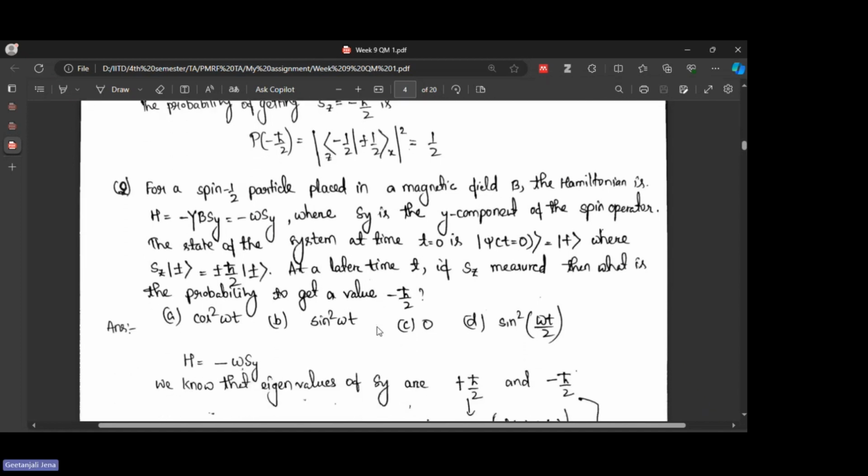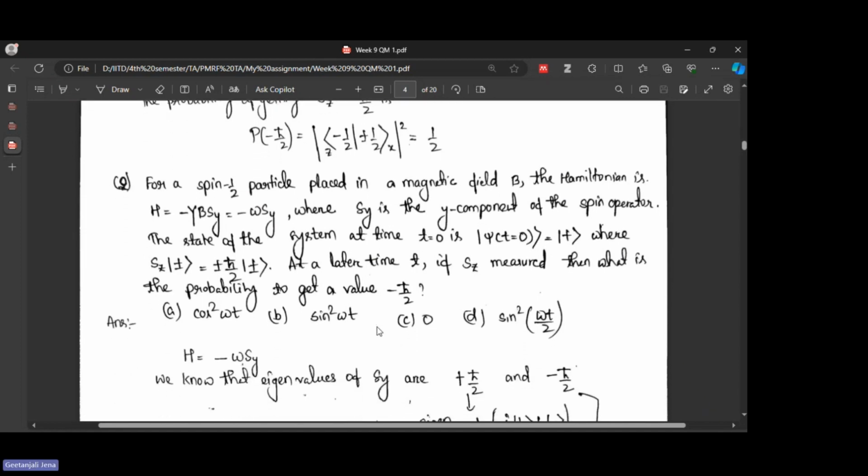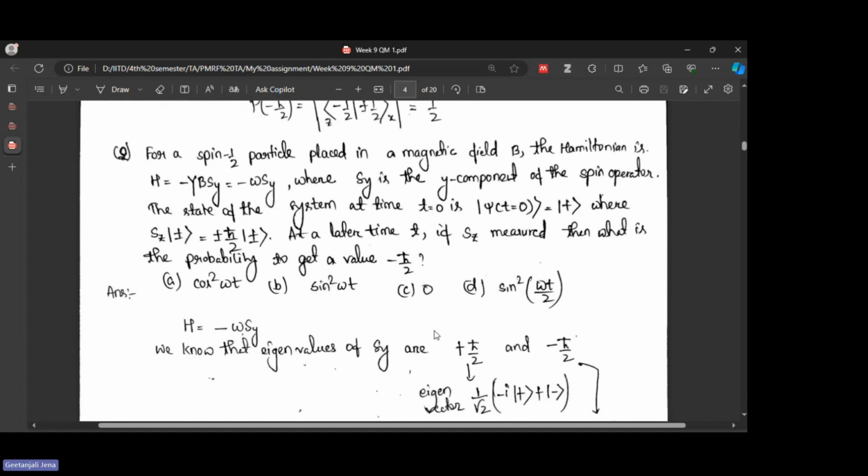So let us see how we can solve this one. H is given, H equal to minus omega Sy. Now we know that the eigenvalues of Sy are nothing but plus h-bar by 2 and minus h-bar by 2.